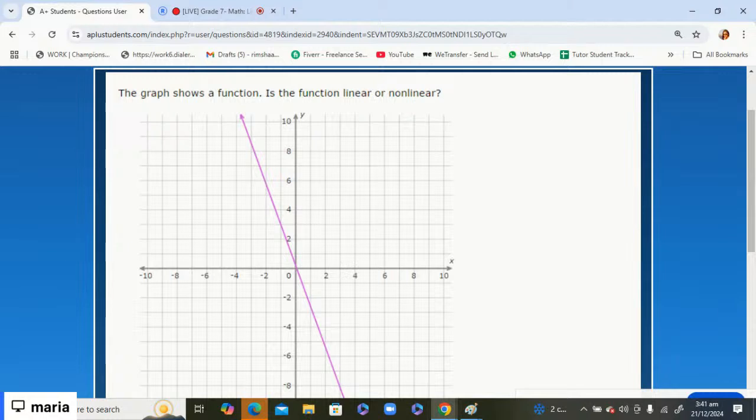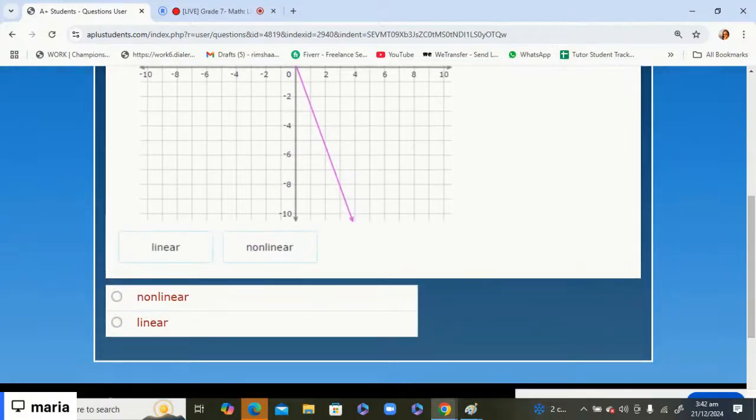Think about it. So this is the linear function because in this way the graph shows a straight line, okay?